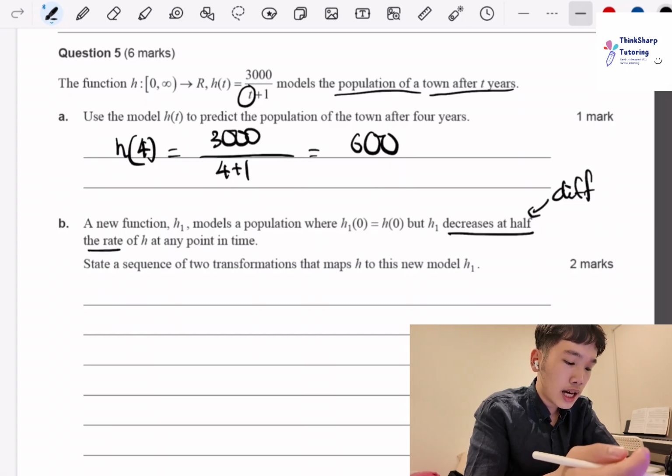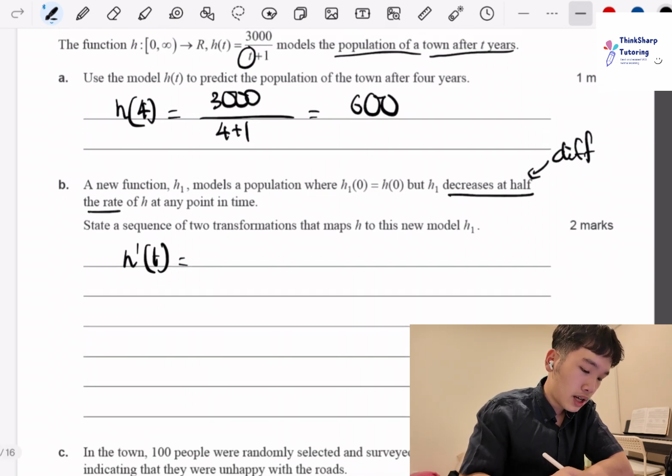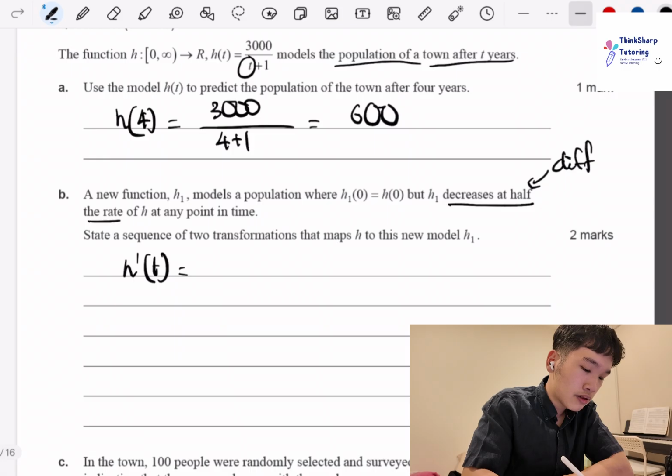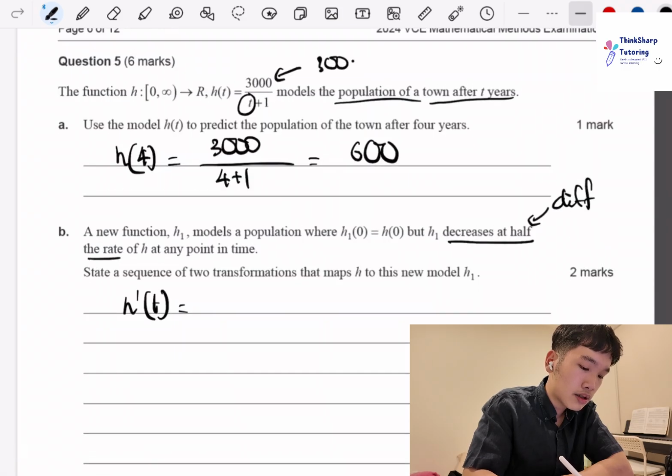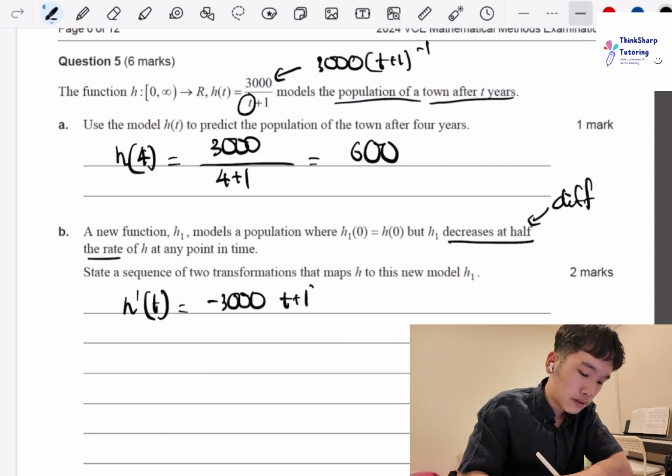Let's do the diff first because it's about the rate. So we have here 3,000 times (t plus 1) to the power of negative 1. If you want to diff that, we take the negative 1 to the front. That'll be negative 3,000 (t plus 1) to the power of negative 2.